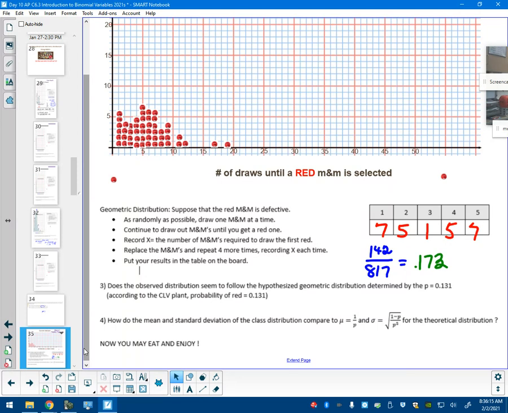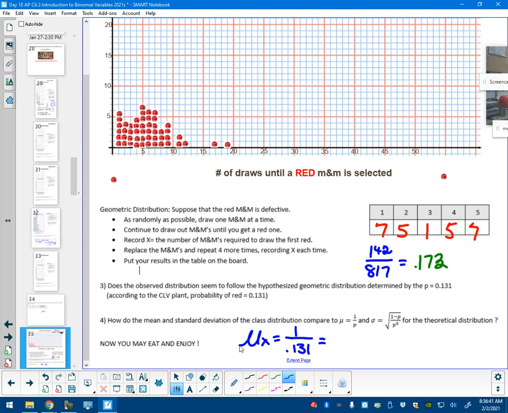So first off, to answer number 3, does the observed distribution follow the geometric distribution determined by p equal 0.131? We're a little bit high. How many should it take us? If we're doing geometric, it should take us 1 over 0.131.